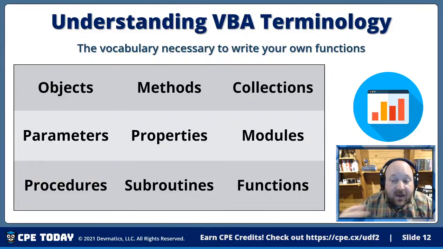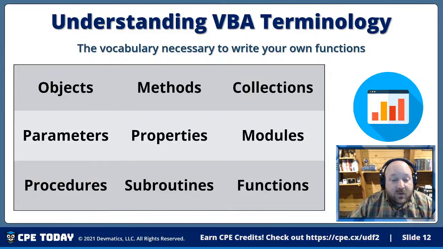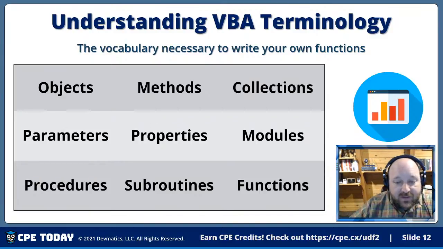VBA for Excel is really geared towards Excel, likewise for PowerPoint, Word, and other things. We're going to solely focus on the Excel version of this, but just realize that VBA macro programming can be used inside of Word, PowerPoint, and really any of the other Office applications as well.